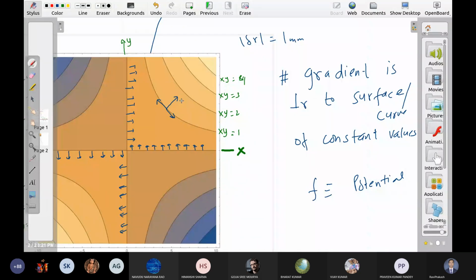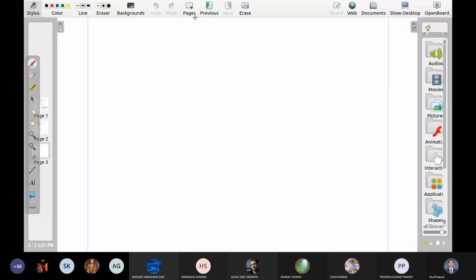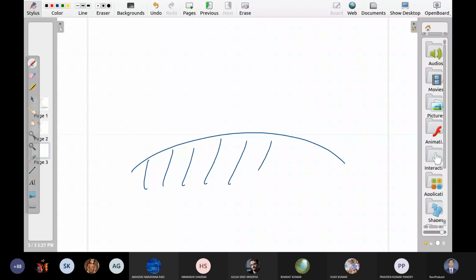What is the physical meaning of this? Let me give you a very basic, physics-related example. This is Earth, right? Let us say we have some gravitational potential here at some height h.